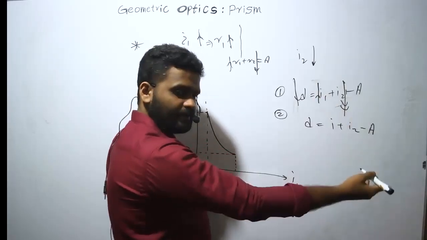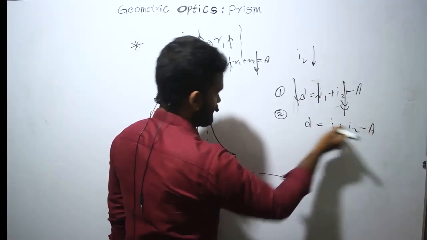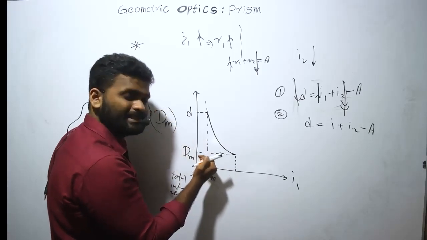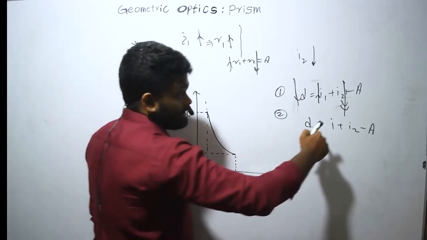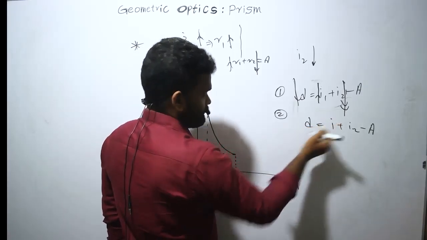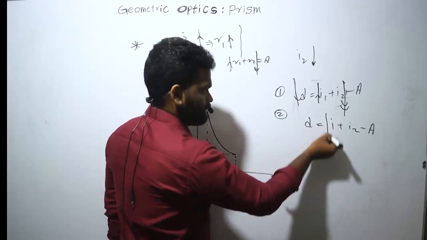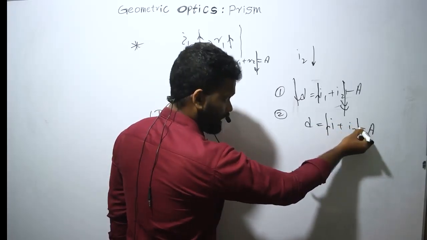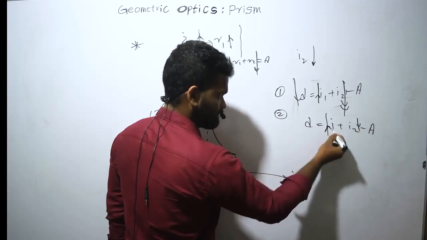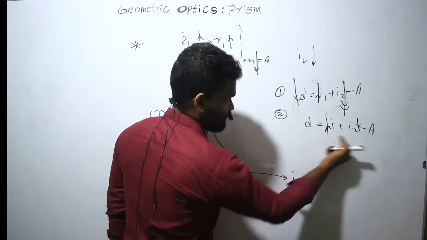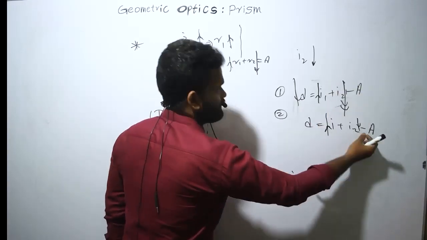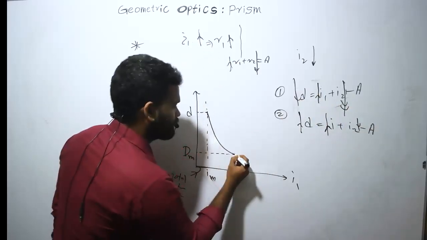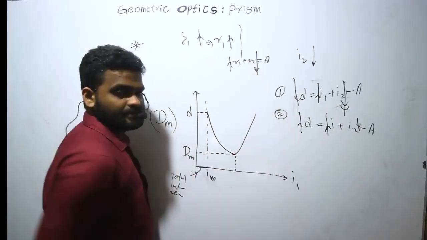After reaching the minimum deviation, further you are increasing I1. Now the decrease of I2 is less. So this value increases now. Increasing value minus A, so D increases. Then the graph is going to be like this.